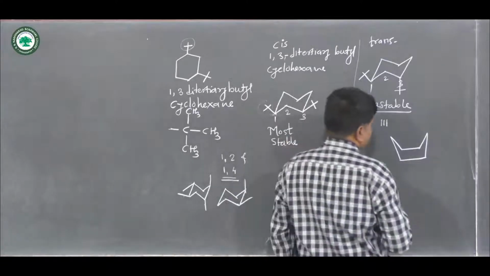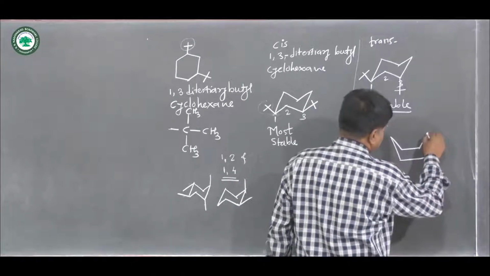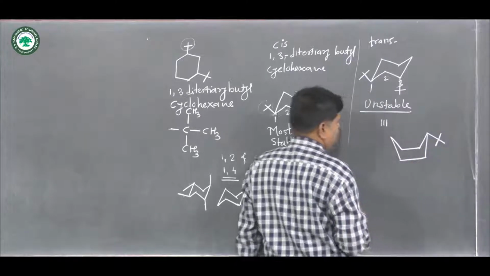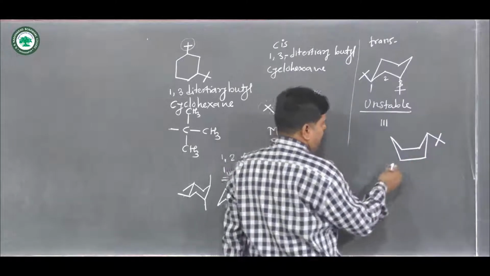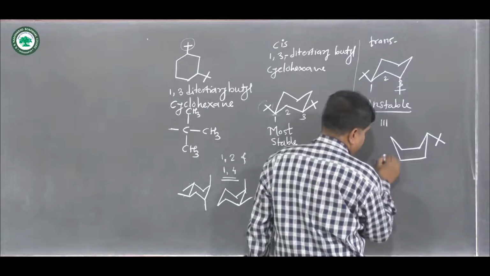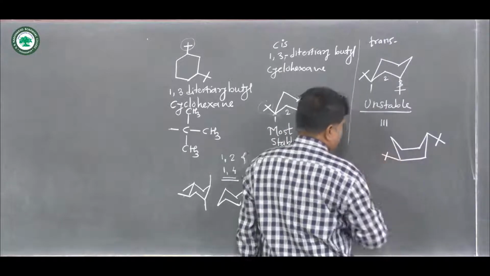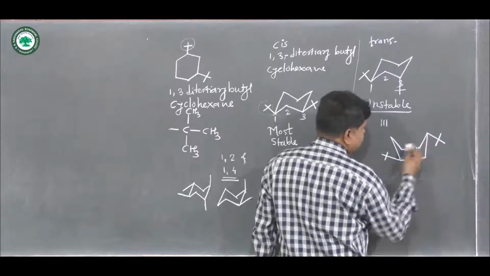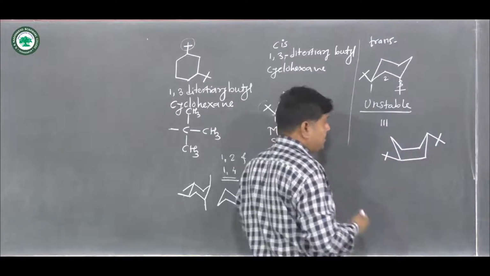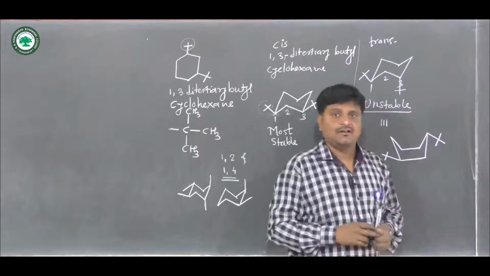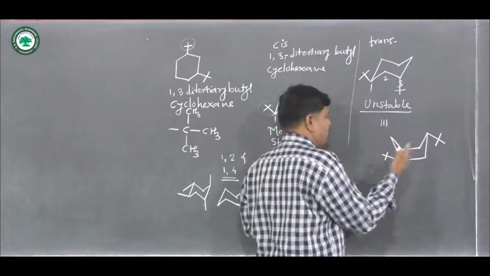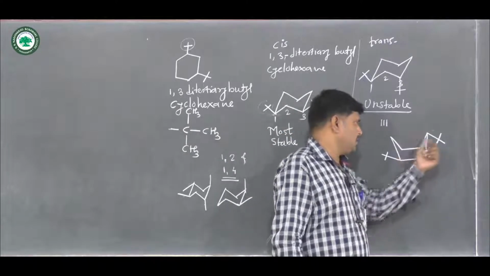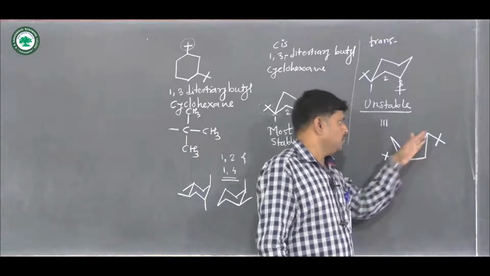So here this is our equatorial position, and here also a substituent is present, and this is another equatorial position. Both substituents are present at the equatorial position, and these are trans to each other when we take a plane of the boat conformation.